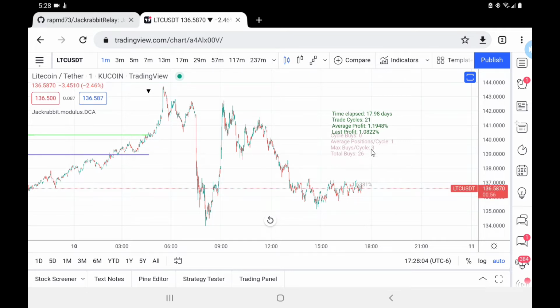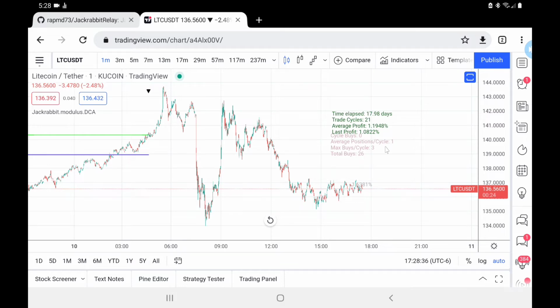Same thing with max buys per cycle. I want these to be rapid fire as much as possible with minimal accumulation. That is very critical for what I intend this recipe for.